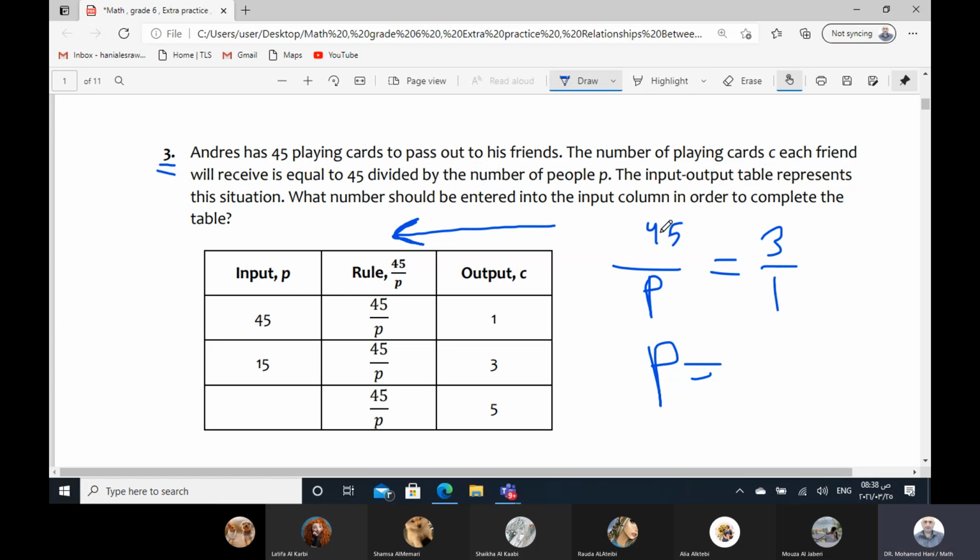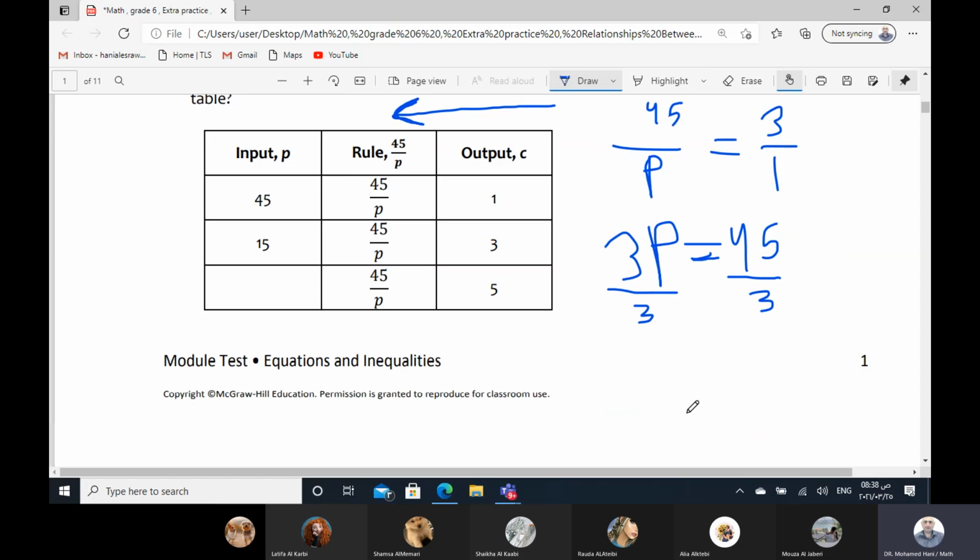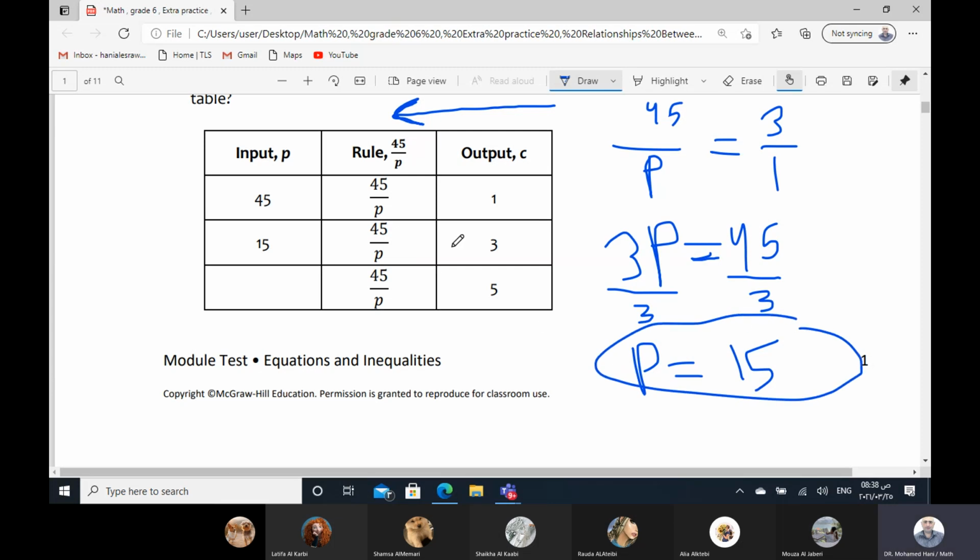We can do a cross product. 3 times B, 3B, and 45 times 1, 45. Then as you see here, we have an equation. How to solve this equation? Divide the two sides by 3. 3B divided by 3 will be B, equal 45 divided by 3 will be 15. So the answer here will be 15.